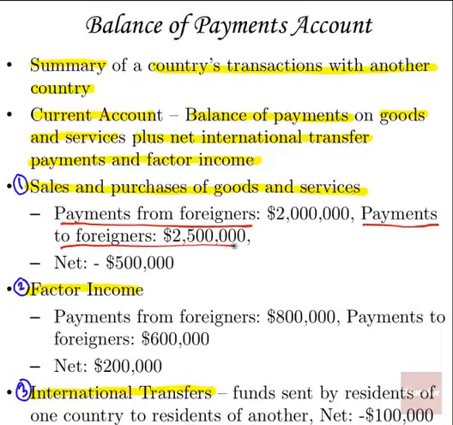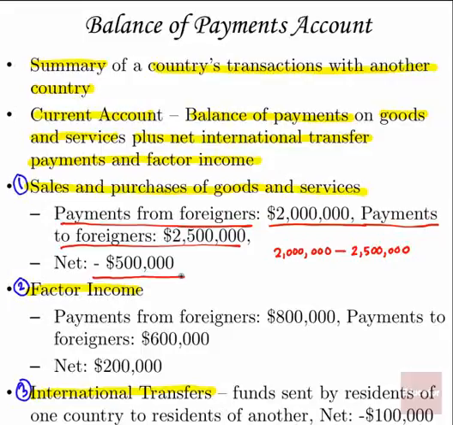Okay, so payments from foreigners in this example here, I threw out $2 million, and then payments to foreigners is $2.5 million. So you get $2 million in the current account, and then you subtract the payments you're making to foreigners, $2,500,000, then you get a net balance of negative $500,000 on the current account.